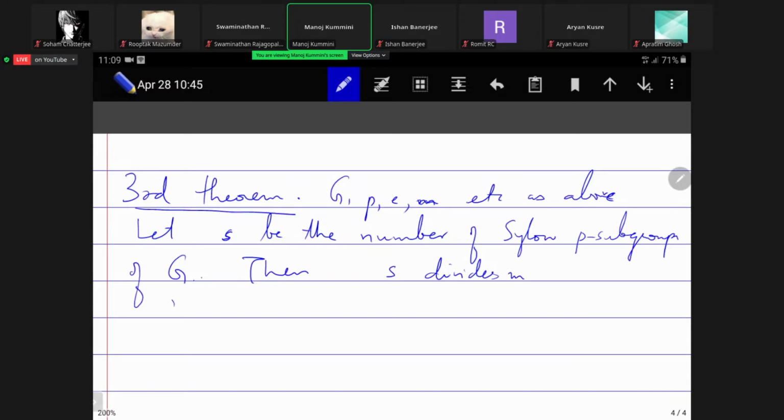And S is congruent to 1 mod P. So for example, it is not saying S is 1. Okay. But if S is not 1, then S is at least P plus 1. Okay. And if it's not that, it is at least 2P plus 1. Okay. So there are some restrictions.